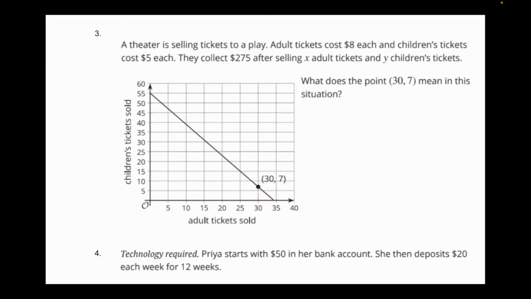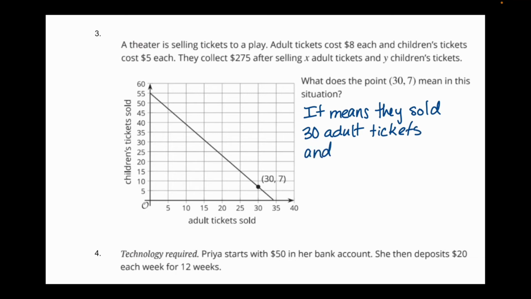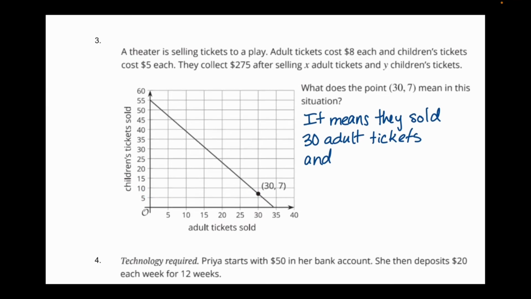Well, since it's on the line, we know it's a solution, and we're just going to tell them what the numbers mean. So 30 is on our X, that's adult tickets. So we're going to say it means they sold 30 adult tickets, and the y-axis one was 7, and that's children's tickets, so they sold 7 children tickets.